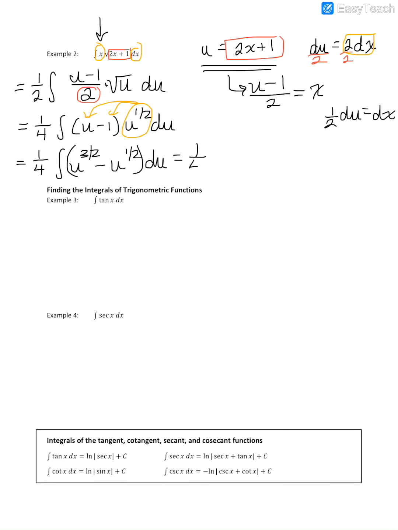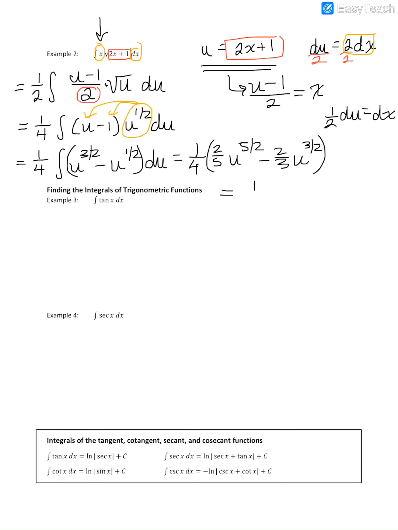So here we go. 1/4, I get, add 1 to the 3/2, 5/2 times by the reciprocal, 2/5, minus u to the 3/2 times by the reciprocal, 2/3. And then my last step is going to be substituting back in for the u. And I'm going to distribute the 1/4 as well.